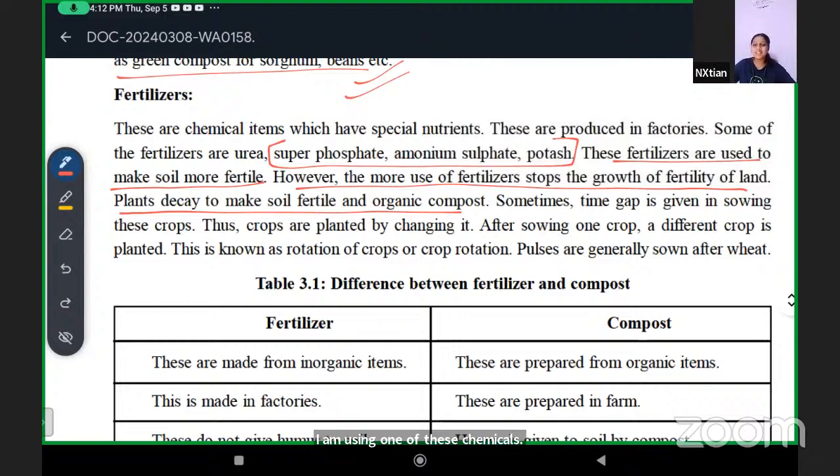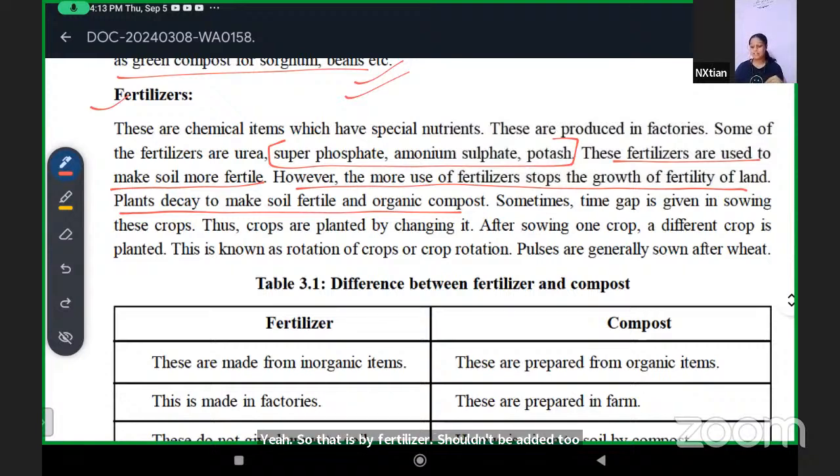So my soil will turn acidic in nature, and then that will be bad for the plant that is growing in that soil. Because soil should be balanced. Too acidic soil will ruin the growth of the plant. So that is why fertilizers shouldn't be added too much in the soil.